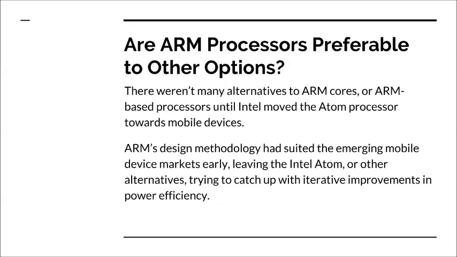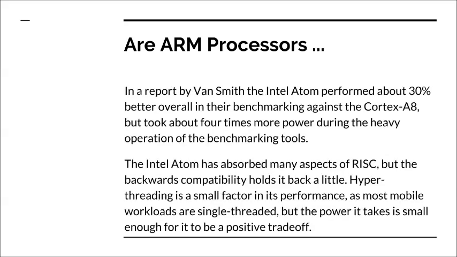But what we'll see here is that in a report by Van Smith from SPEC, the Intel Atom performs extremely well. In fact, it performs about 30% better overall in benchmarking against the A8 at the time.